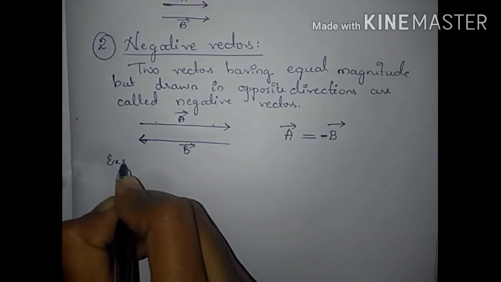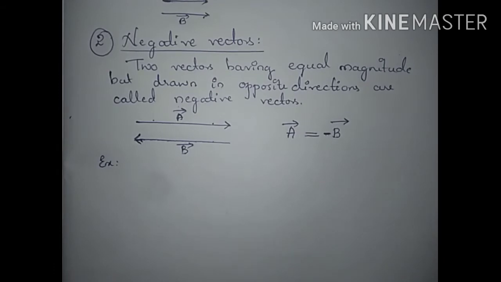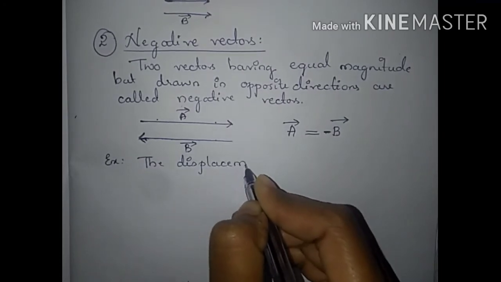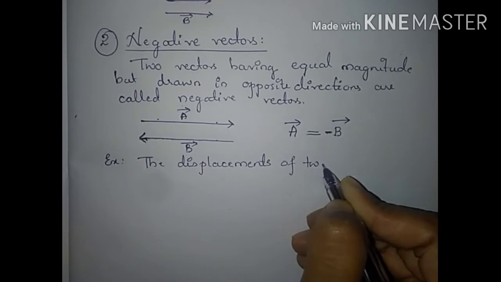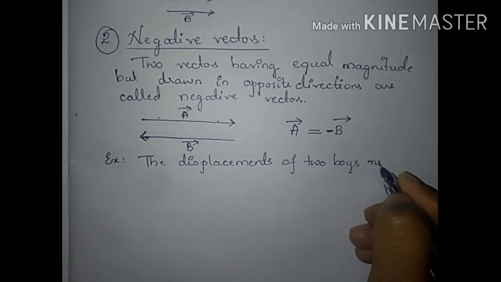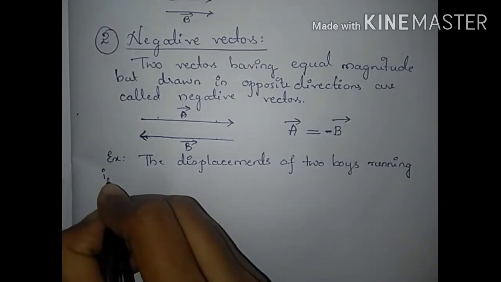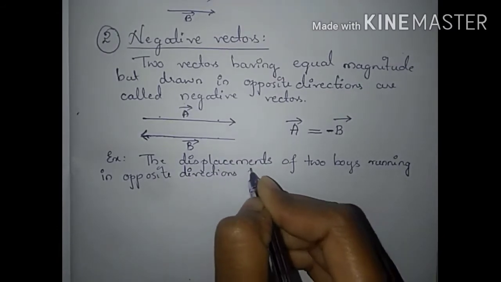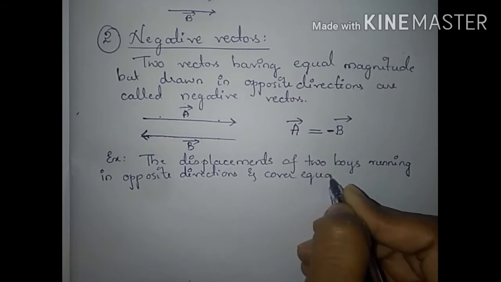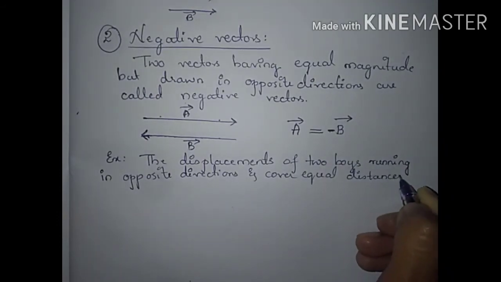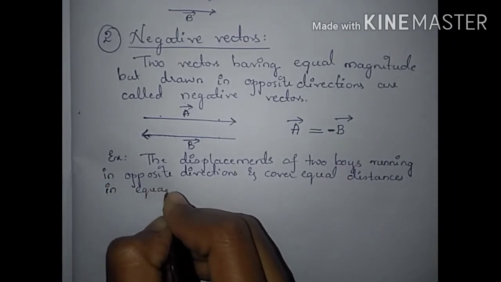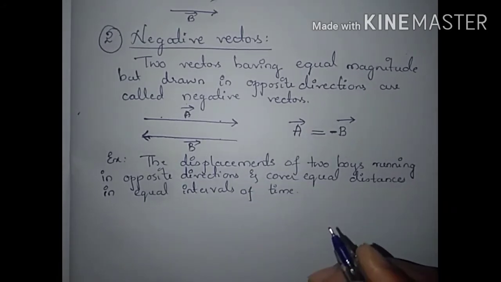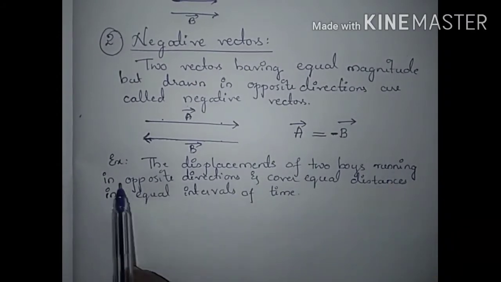The example is similar to the first example which I have given, but here the two boys run in opposite direction. Now you have two boys, so they are running in opposite direction.